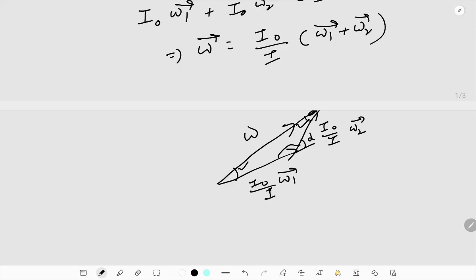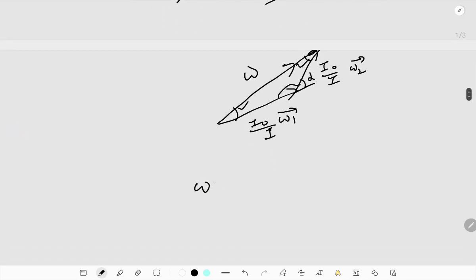Using the sine rule, you get omega equal to 2 omega naught I naught by I cos alpha by 2.